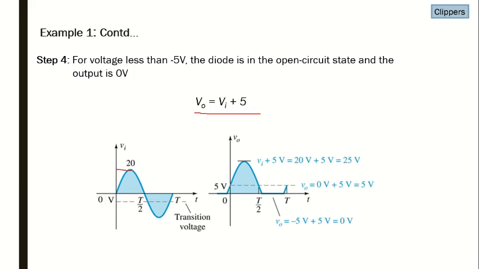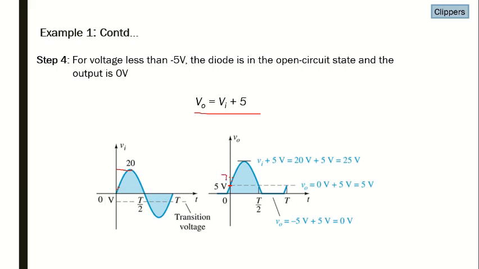So when the input signal is 0 volts, the output is 5 volts. When the input value is 1 volt, for example, the output signal will be 6 volts. When Vi is 2 volts, V naught is equal to 2 plus 5, which is 7.